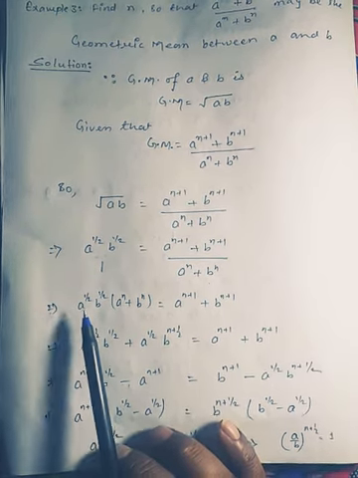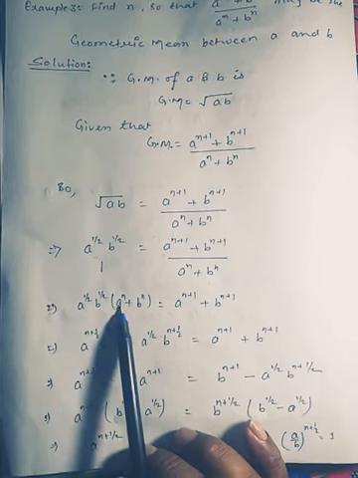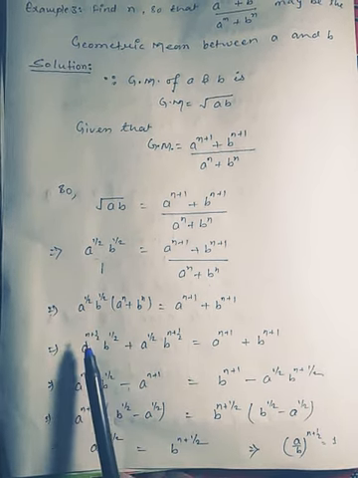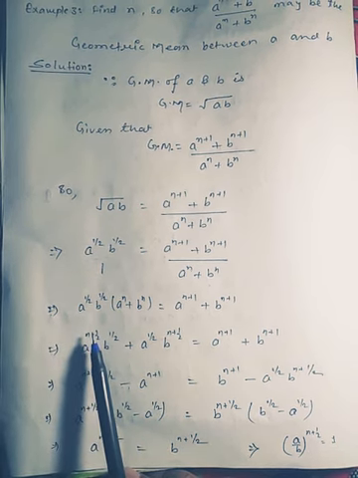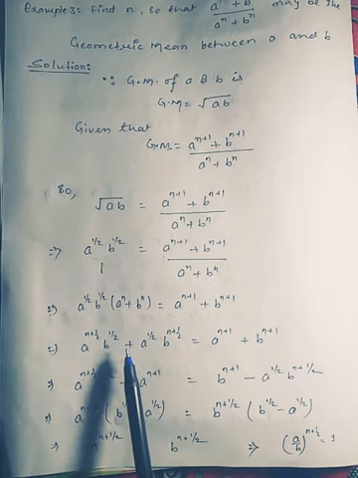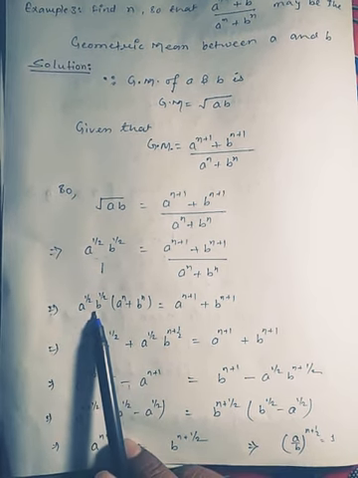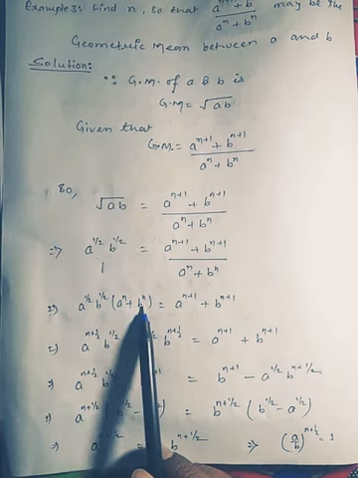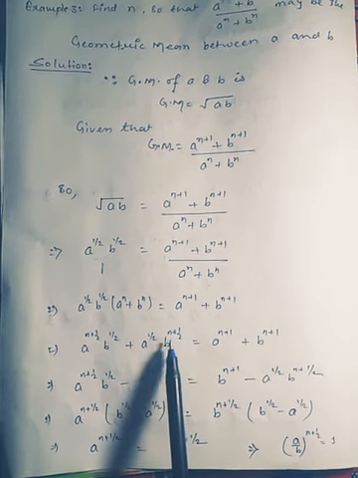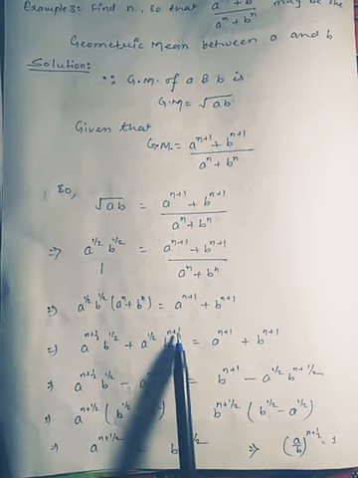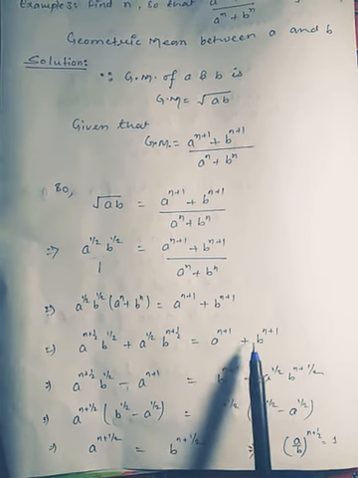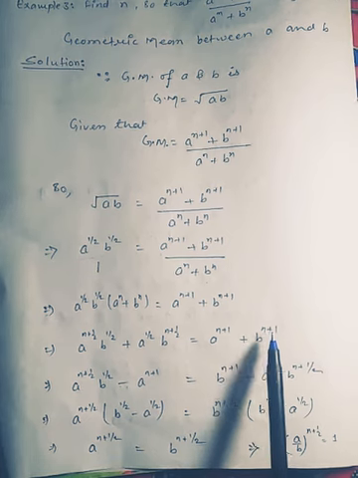Multiply a^(1/2) b^(1/2) into a^n. We get a^(n+1/2) b^(1/2) plus, multiplying this, a^(1/2) b^(n+1/2) is equal to a^(n+1) + b^(n+1).